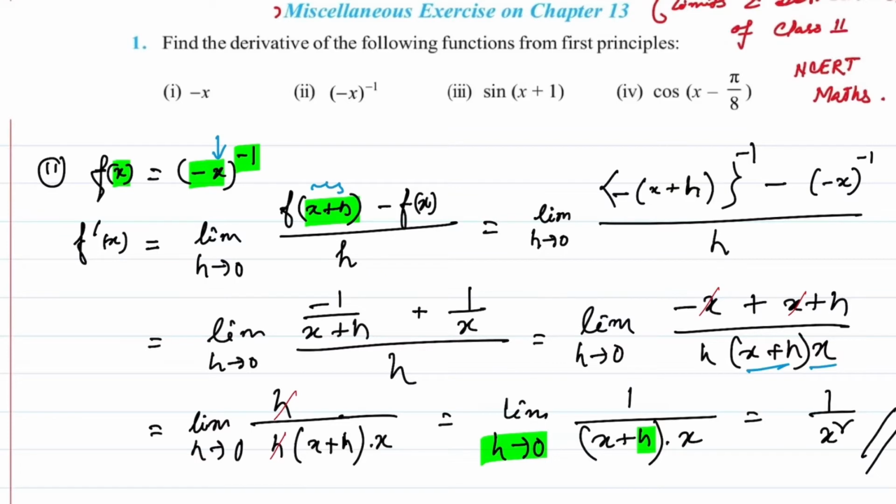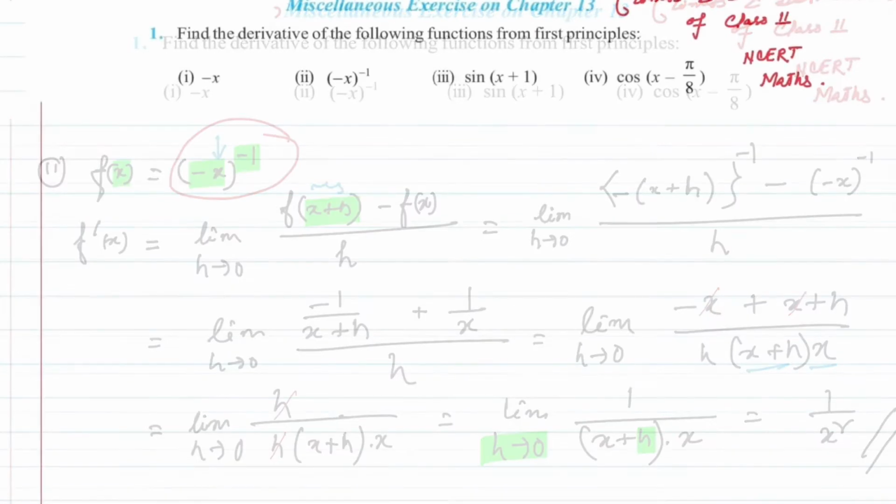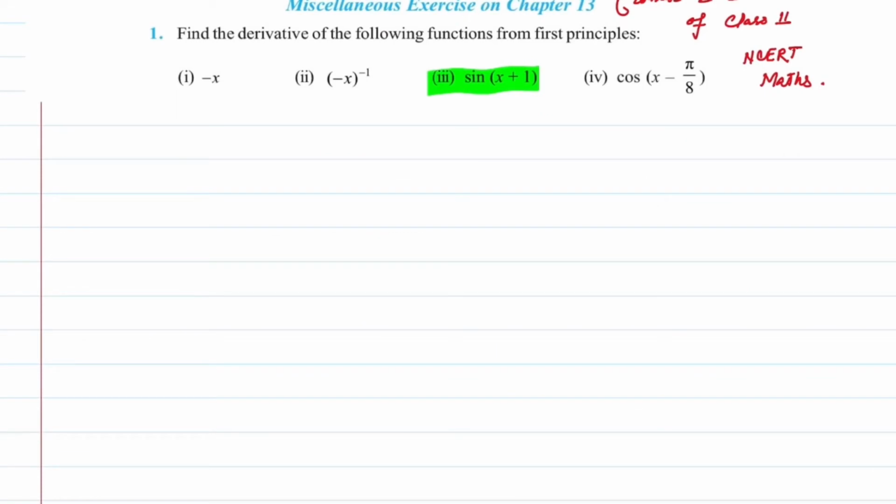So this is our result. This is the derivative of the given function minus x whole to the power minus 1. Now let's move on to the next. The third one is sine of x plus 1. So our third function is f of x equal to sine of x plus 1.